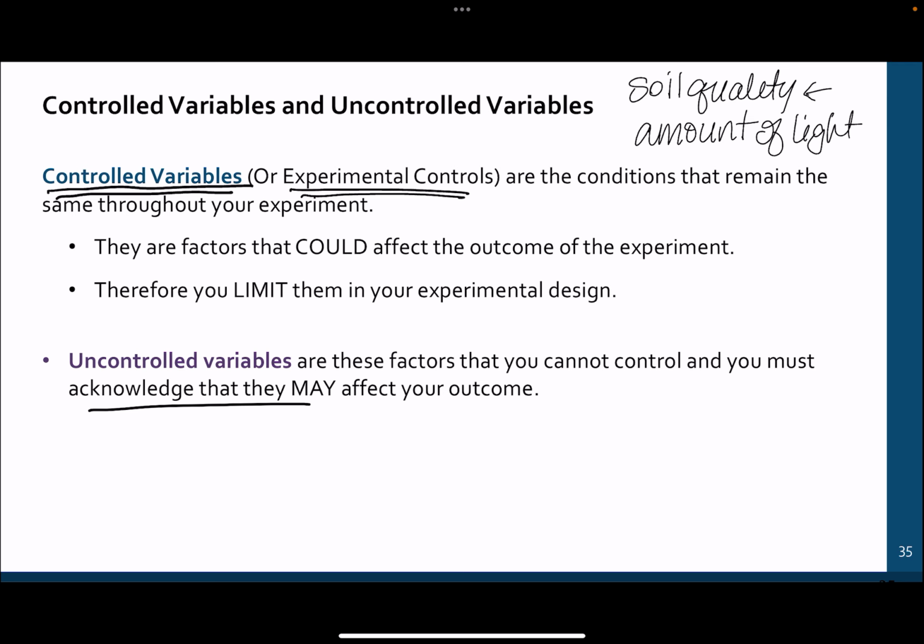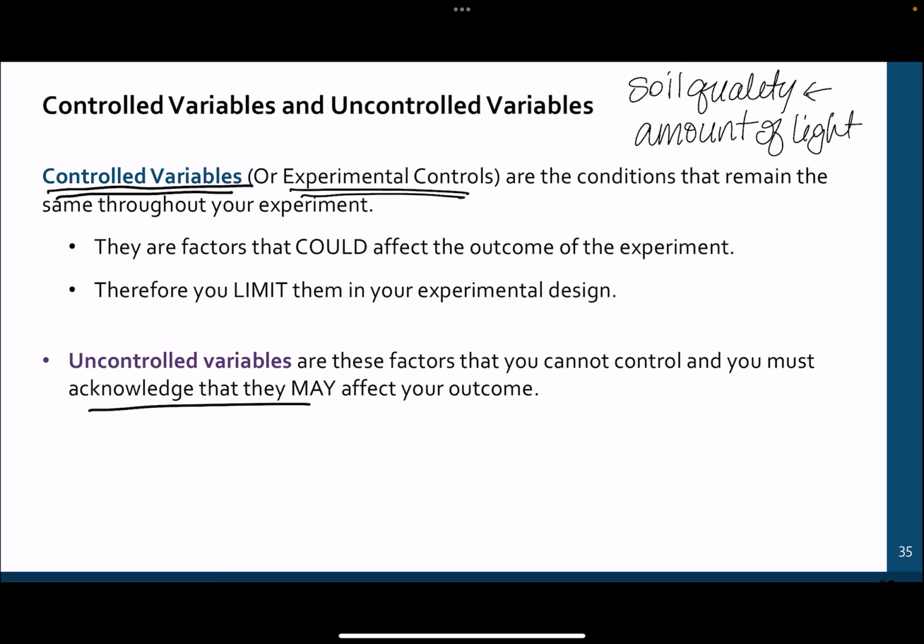Because you don't know how much of an effect is from the uncontrolled variable and how much is from your experimental variable. So if you have those uncontrolled variables, even if your data makes sense, even if there's less difference than you expect, you have to acknowledge them and you have to explain that your confidence is reduced because of those results and because you don't know how much of an effect they had.